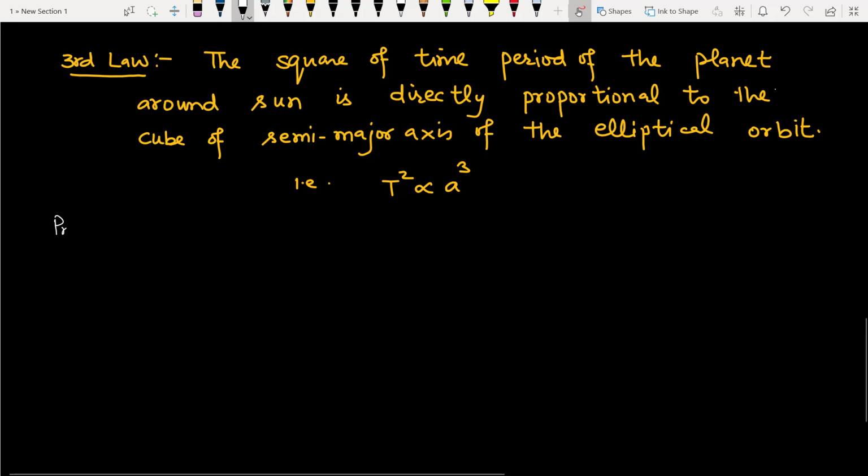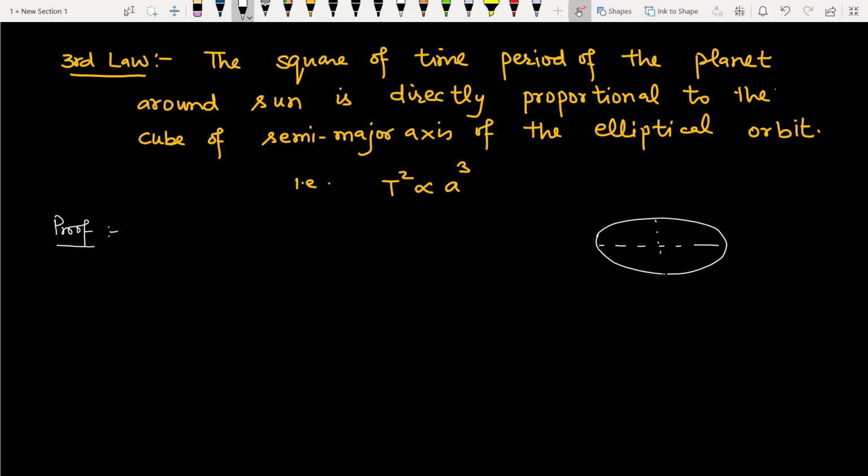So the proof of this: this is the elliptical orbit, semi-major axis, semi-minor axis.